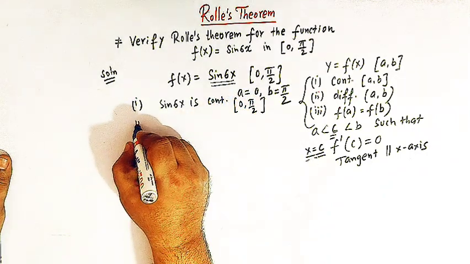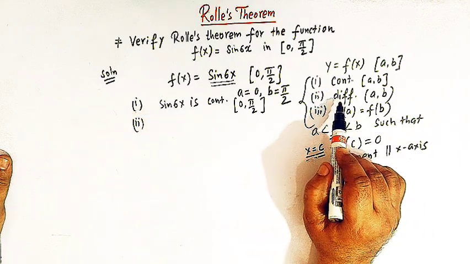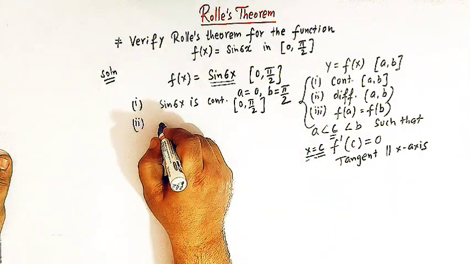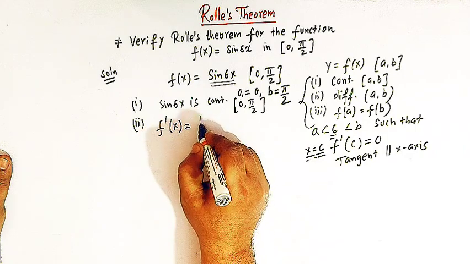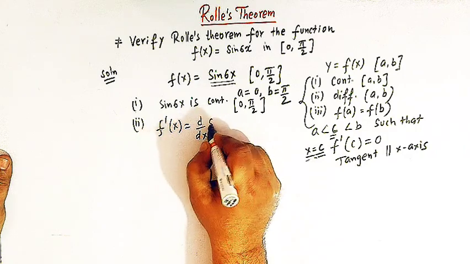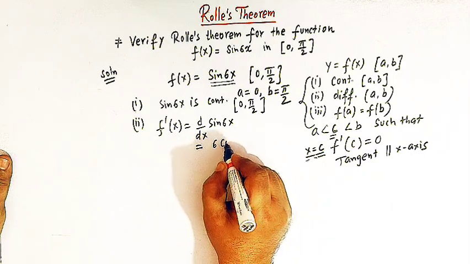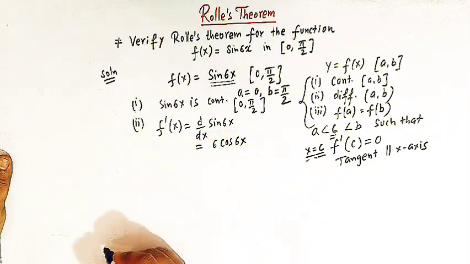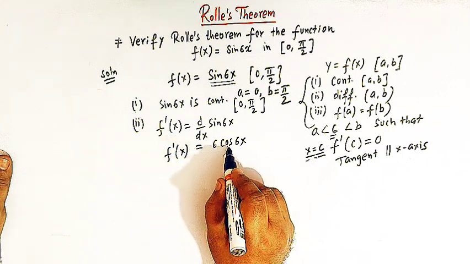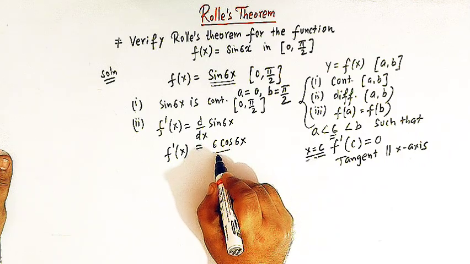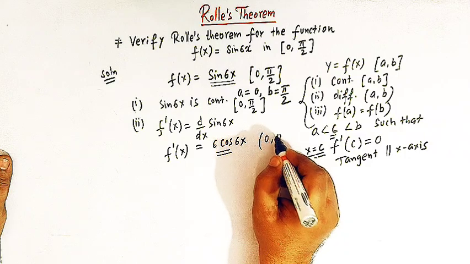Now the second condition is the condition for differentiability or derivability. If we differentiate this function, that is f prime of x, then we have d by dx of sine 6x, and this is 6 times cos of 6x. We can easily see that the derivative is 6 times cos 6x, which exists in the interval 0 comma pi by 2.